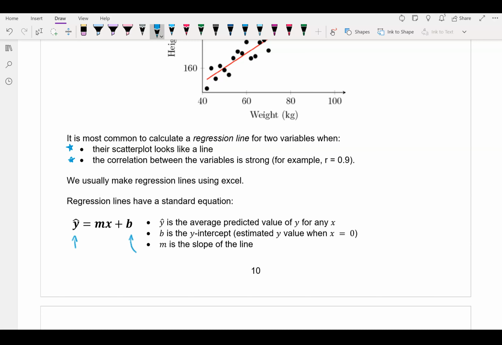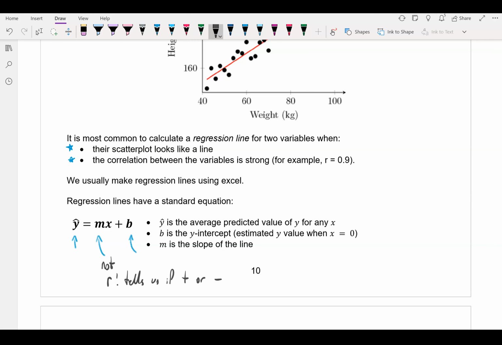B is the y-intercept, where it crosses the y line. But even more importantly, m is the slope of the line. This is not r. So many students say that the slope of the line is the correlation coefficient. That's not true. That's just the slope of the line. It just tells us if it's positive or negative.